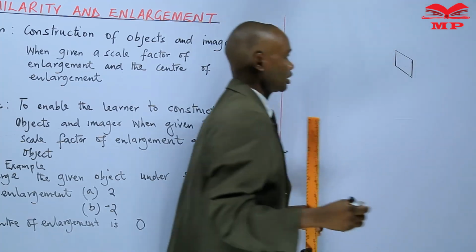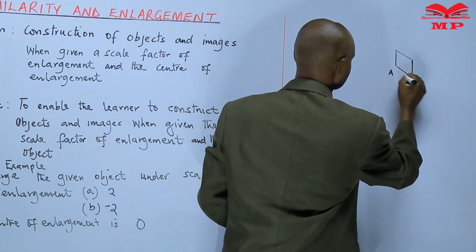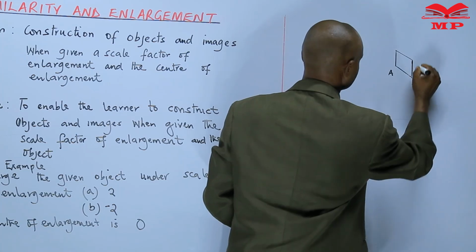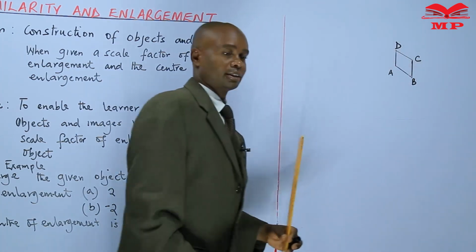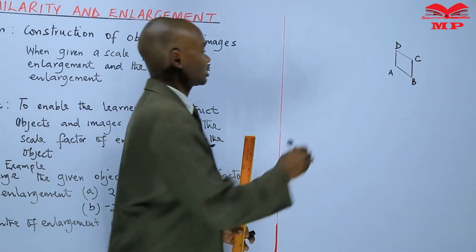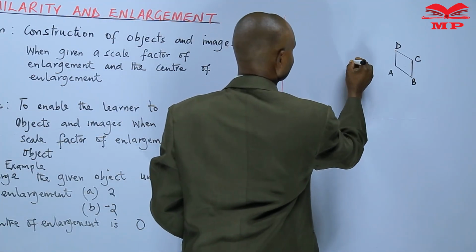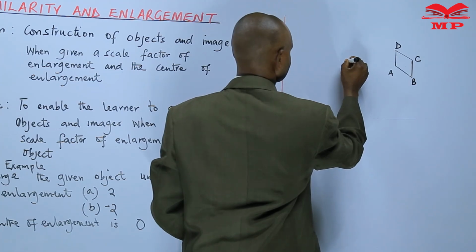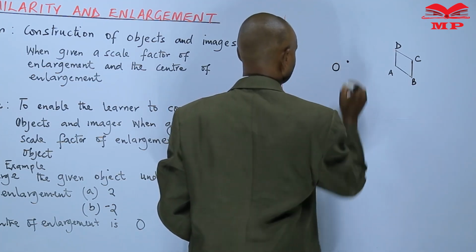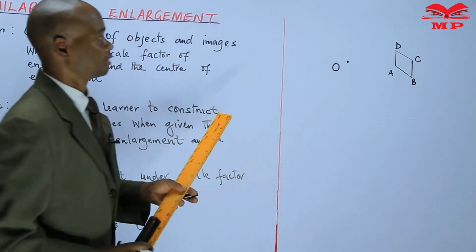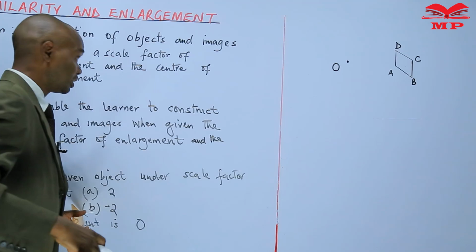So we have our object A, B, C, and D, learner. Our center of enlargement is O. So we'll be given a center of enlargement O. In the first case, we are using the scale factor 2.